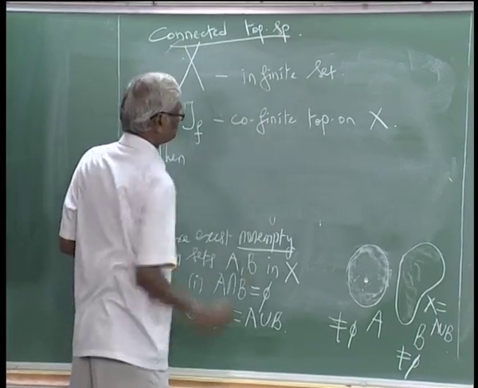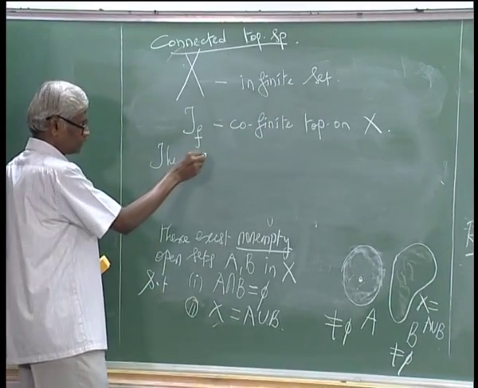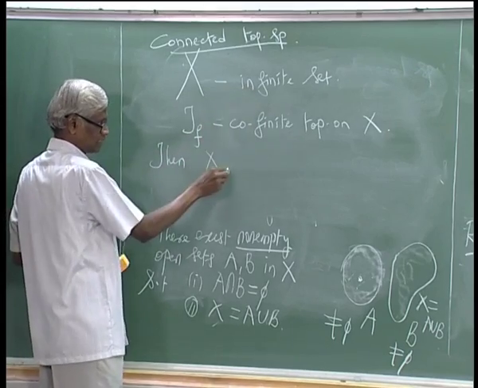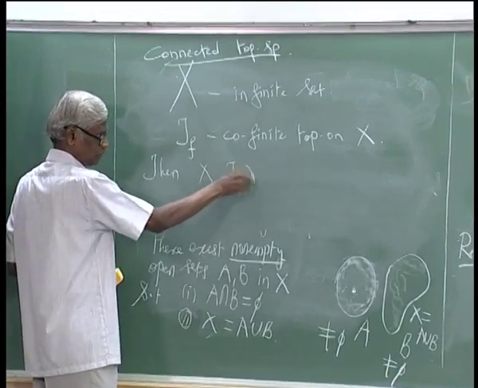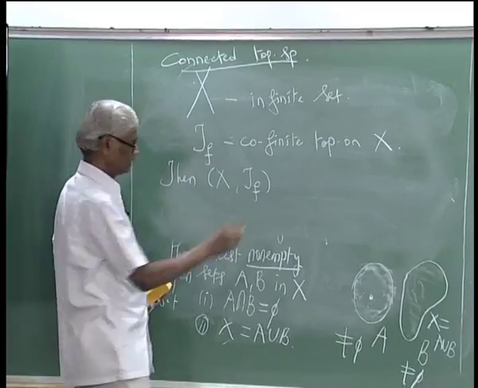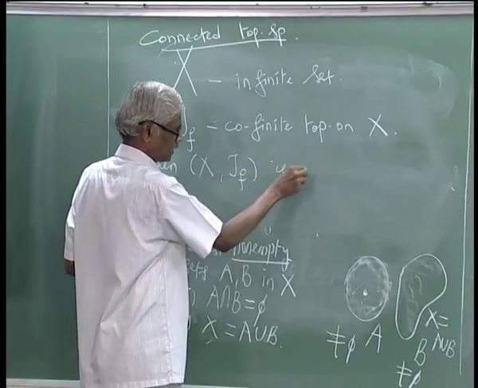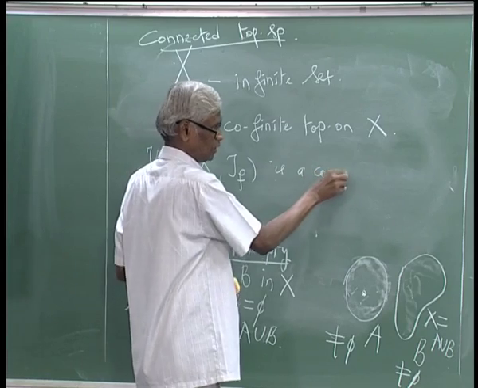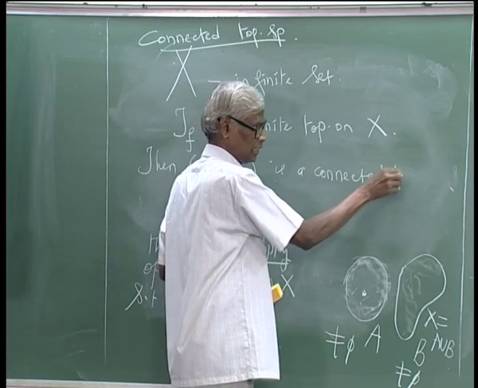Then this X, an infinite set together with the co-finite topology, is a connected topological space.